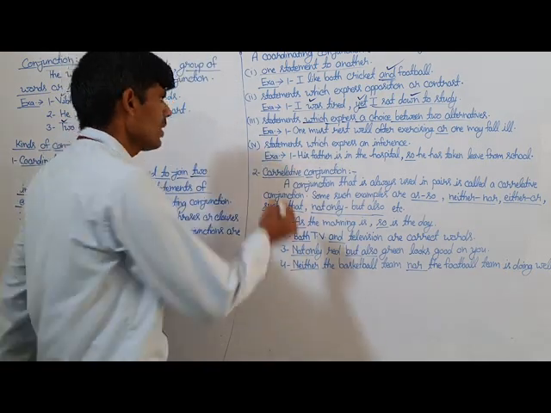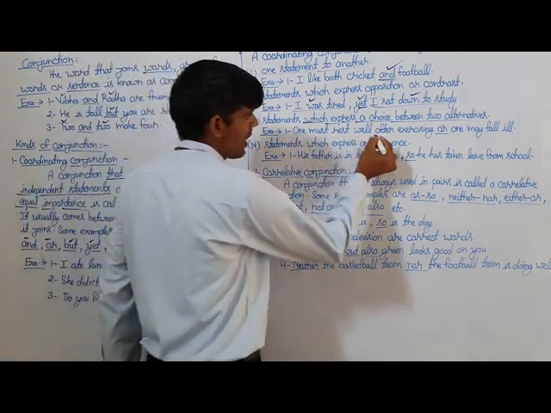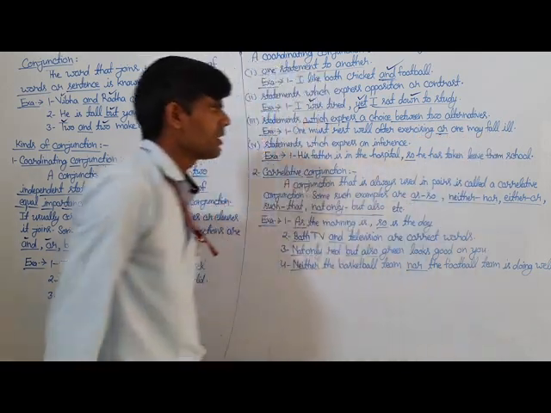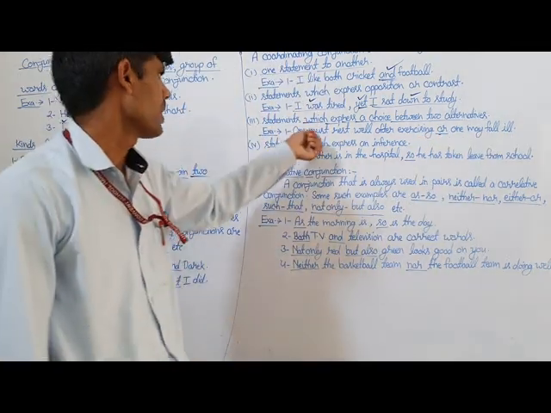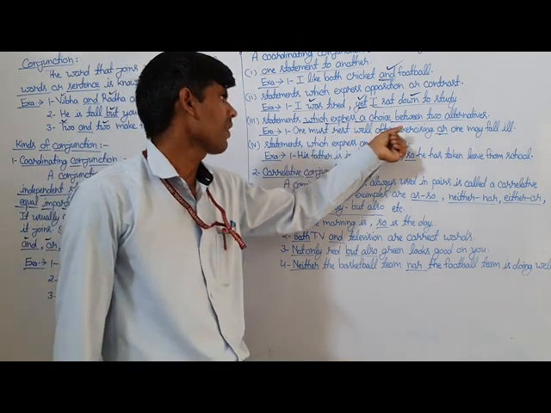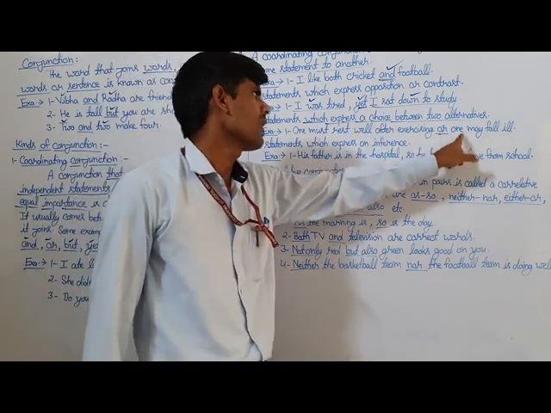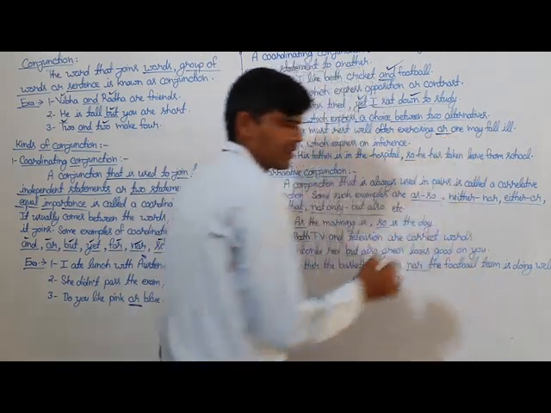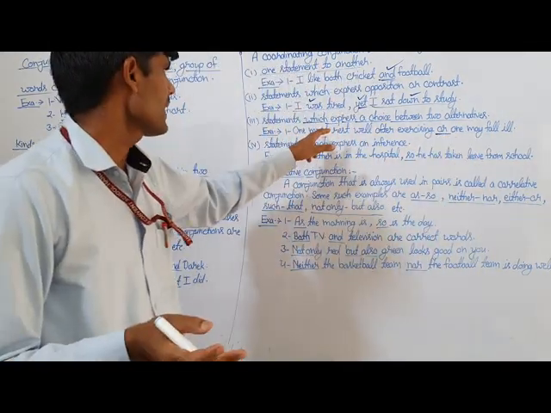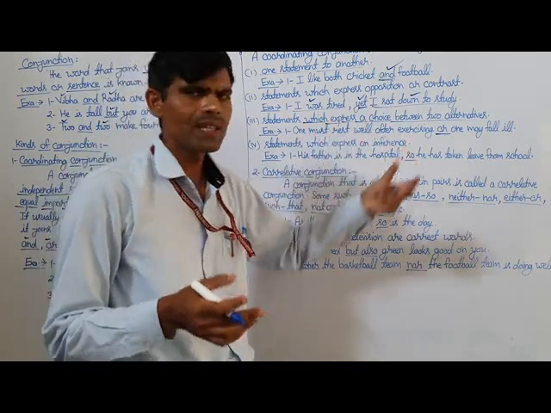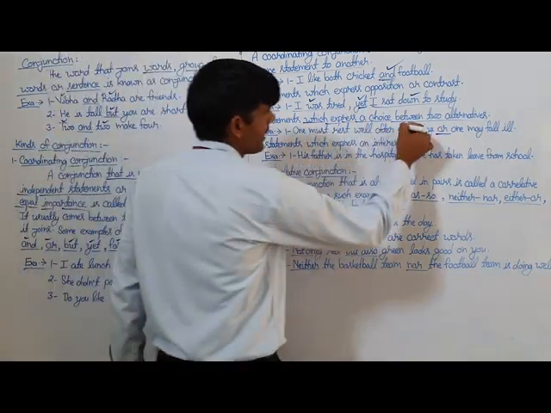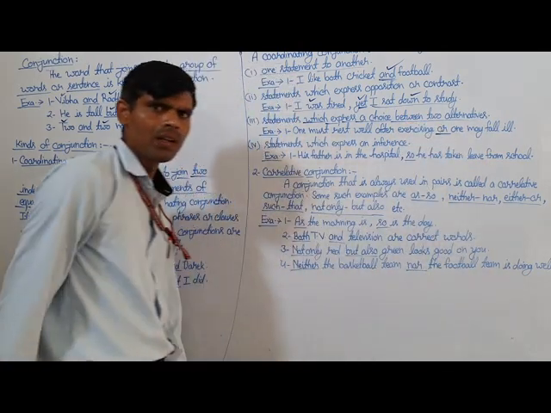For example, one must rest well after exercising, or one may fall ill. Here the underlined word or is used to show the sense which expresses a choice between two alternatives. You can take rest or you may fall ill.